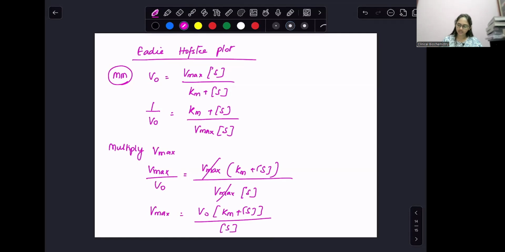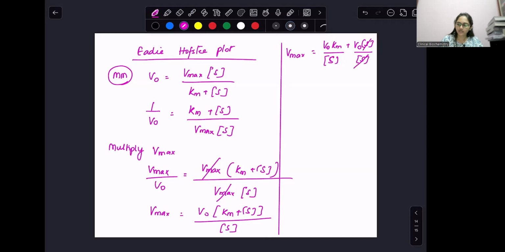Okay. Now let us again open up the equation. I get V max is equal to V0 Km by S plus V0 S by S, so V0 Km by S plus V0. Yes, so we will cancel these two.